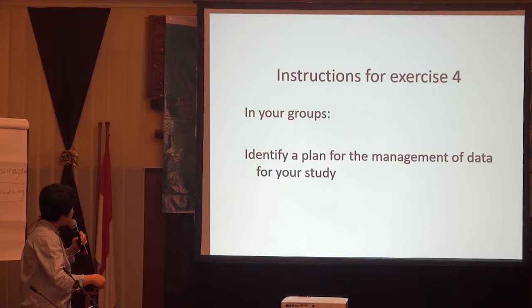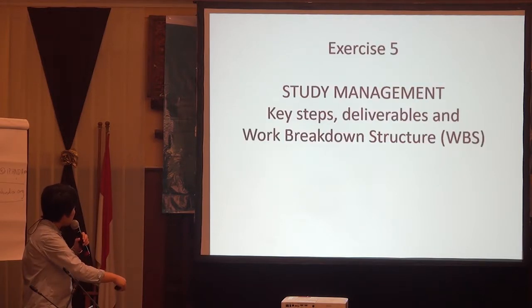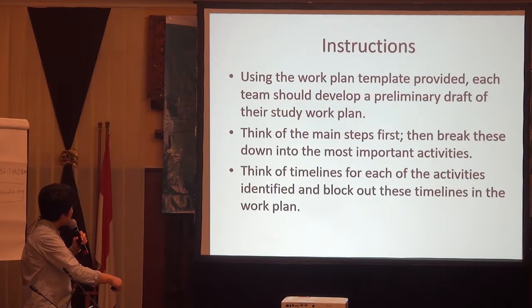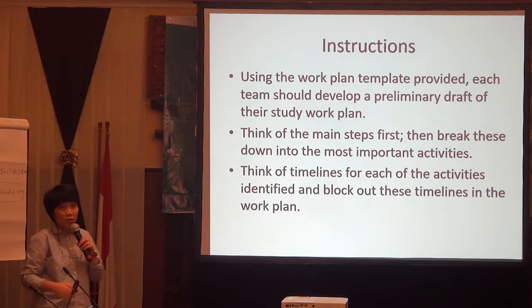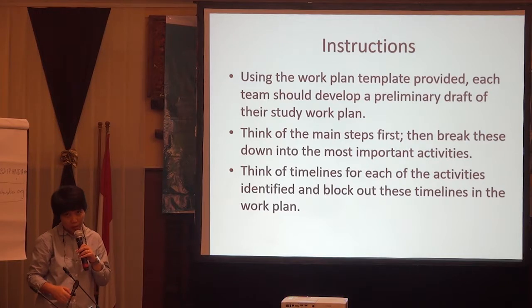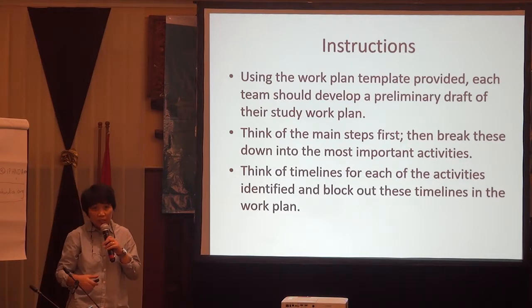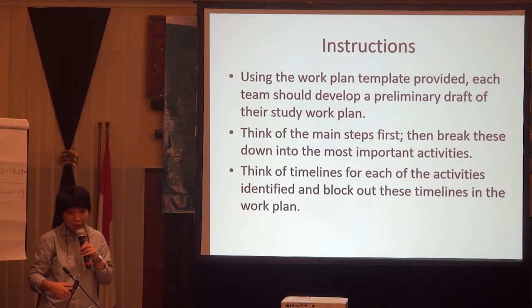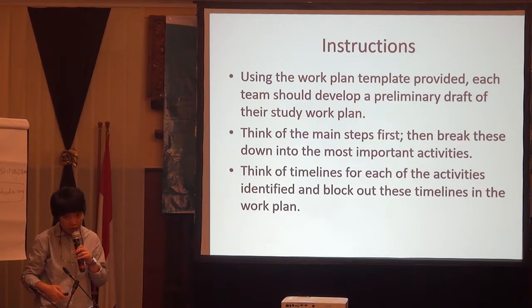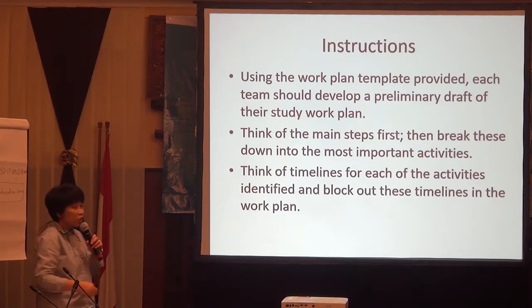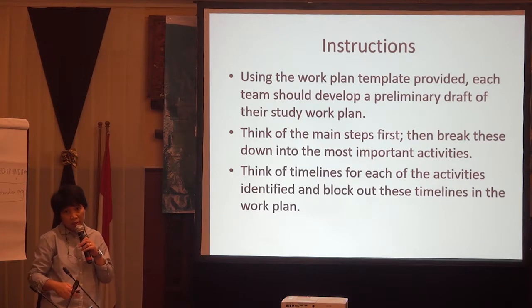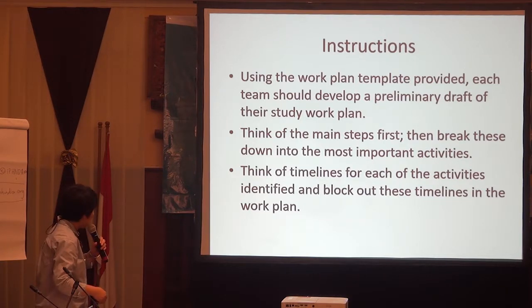And then break down the key steps into activities. So first you discuss what the deliverables are, what the key steps are, then break those down into activities, and then put the timeline of the activities.